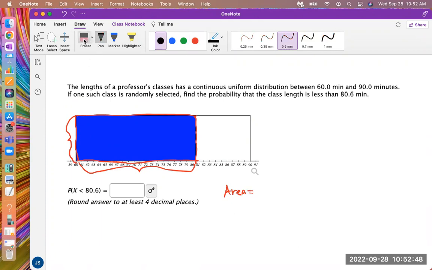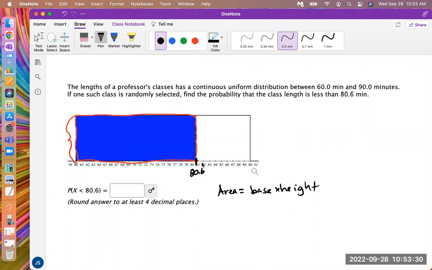Okay, the base is calculated from the endpoints here, and that's the confusing part about this problem, is that the numbers here are so small it looks like it's at 80. So this base here is actually not at 80 or at 81, but it's at 80.6.